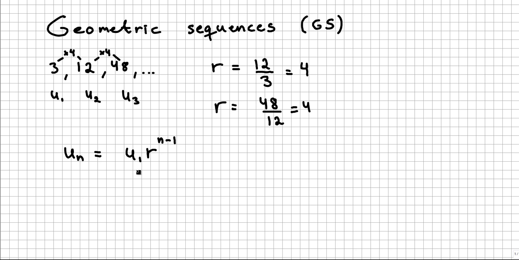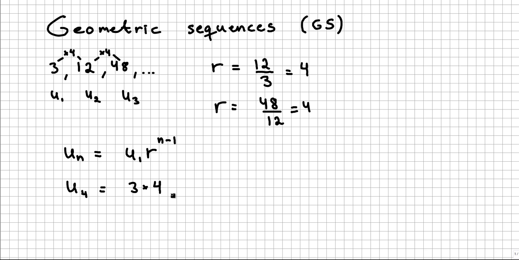So, for example, if we would like to find out, let's say the fourth term, u_4 would be u_1, which is 3, times the common ratio, which is 4 in this case, to the power of n minus 1.